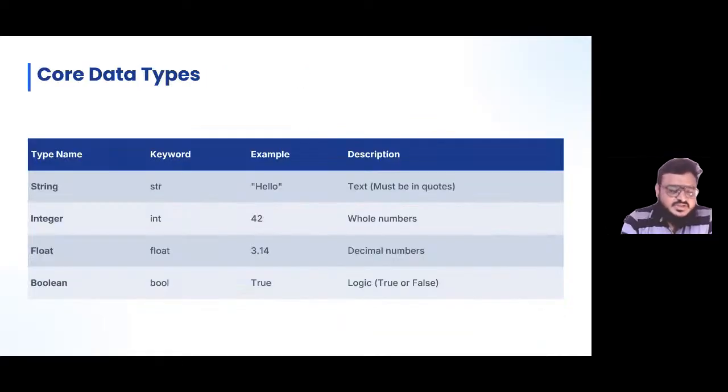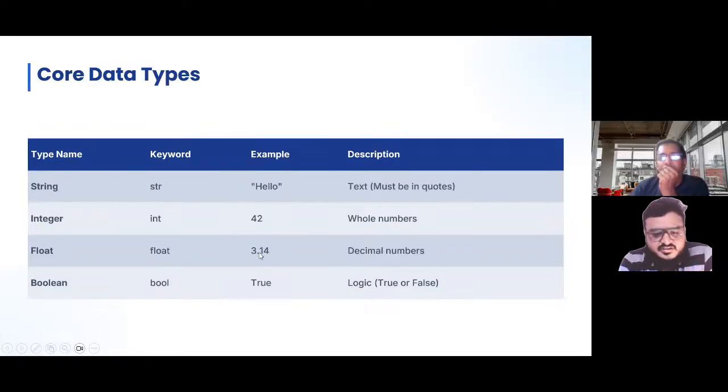Here are some core data types. String means any text, and it must be written in quotes like "hello". You have to use quotes like this. And integer, we use the keyword int, and an integer should be a whole number, not a floating point, not a decimal. And there is float. Float is used when we deal with division or decimal numbers.